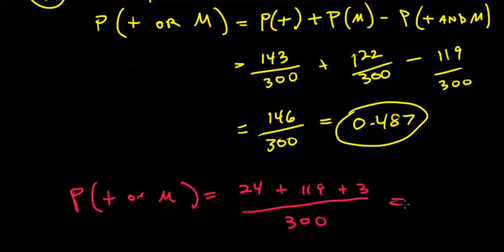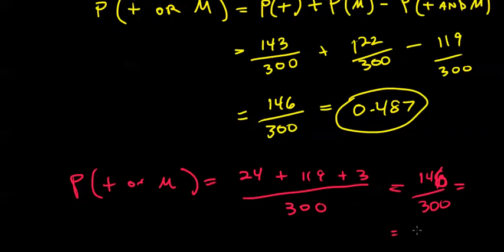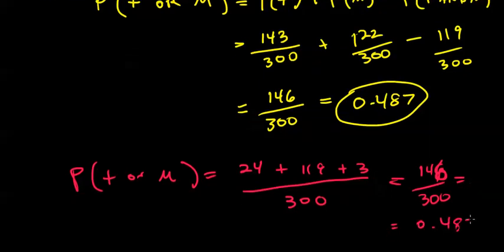I've got 24 plus 119 plus 3 equals 146 over 300. That's a 6 there. And of course, I get the same answer I got with a little more formal approach here. Okay? Same correct answer.